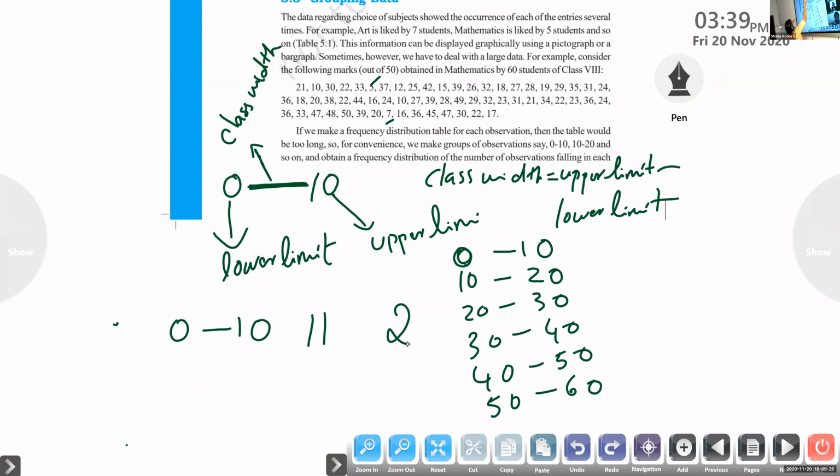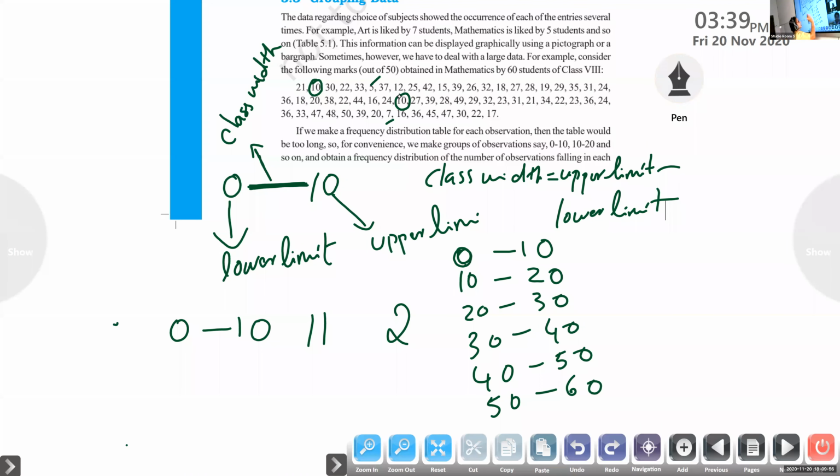But see, here we have 10. Here also 10. Here also 10. Isn't it? So where should we include 10? That is the question. We have 10 in 2 different intervals. In 0 to 10, 10 is there. In 10 to 20 also 10 is there. So where should we include 10? We should include 10 in the class where it is a lower limit.